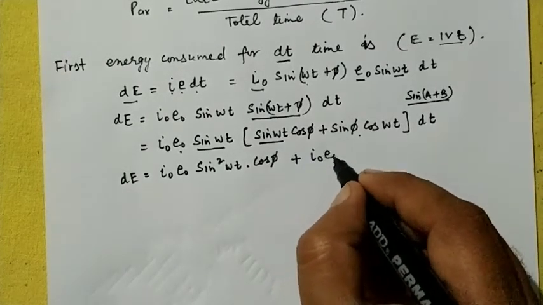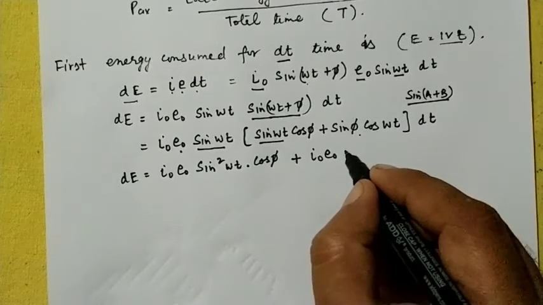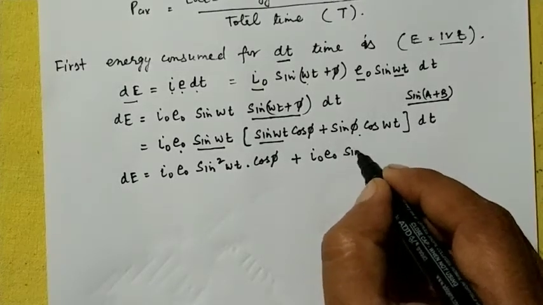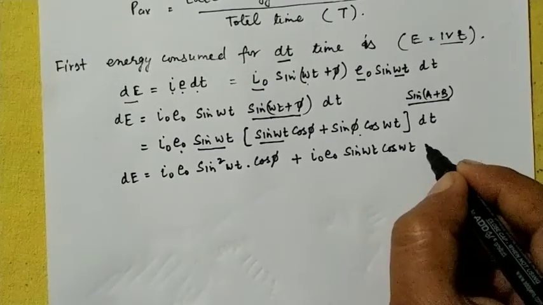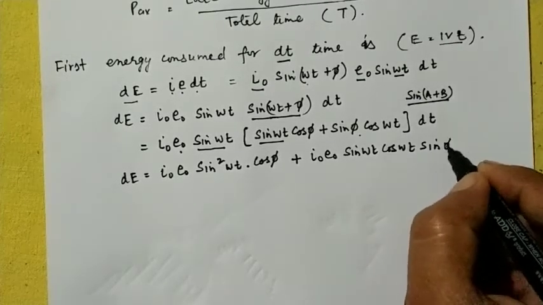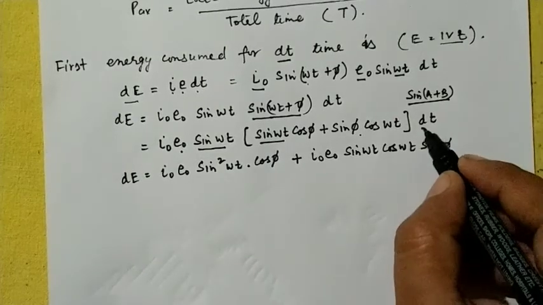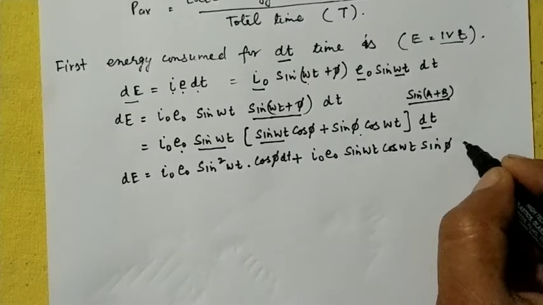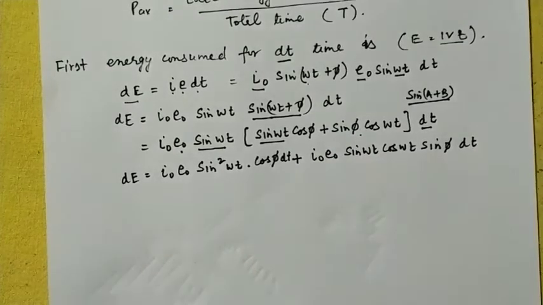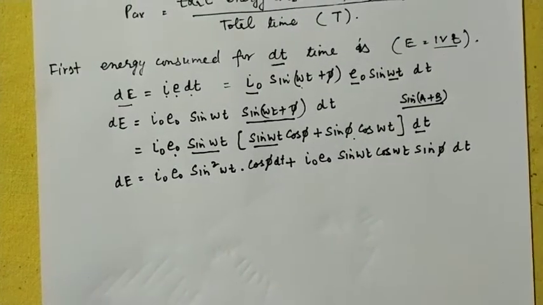I naught E naught, sine of omega t times sine of omega t gives sine square omega t into cos of phi, plus I naught E naught sine of omega t, cos of omega t, sine of phi, and one more factor, dt. So we get this much expression.